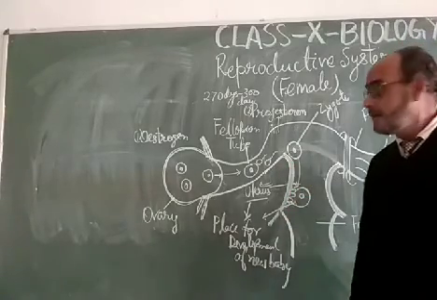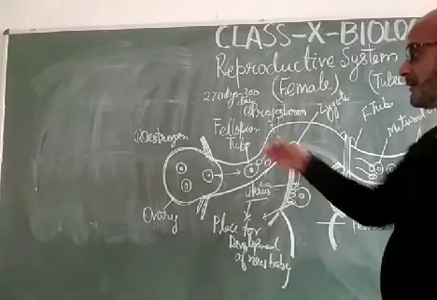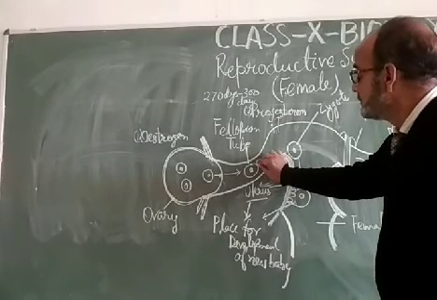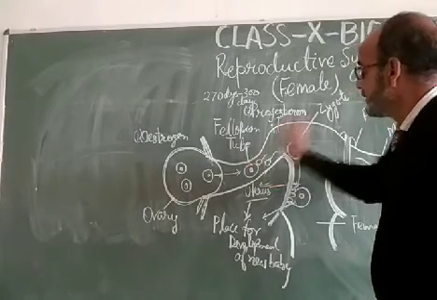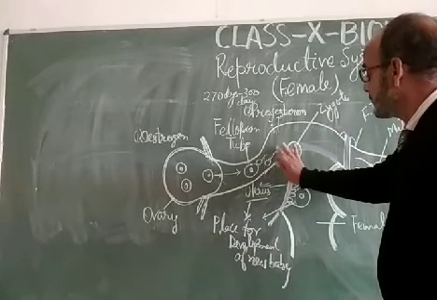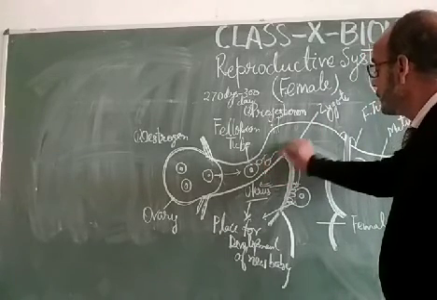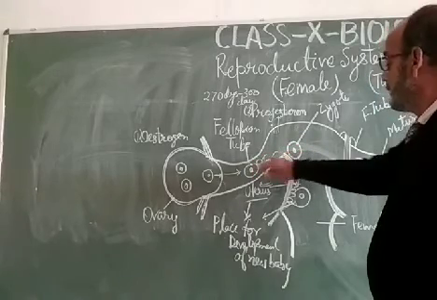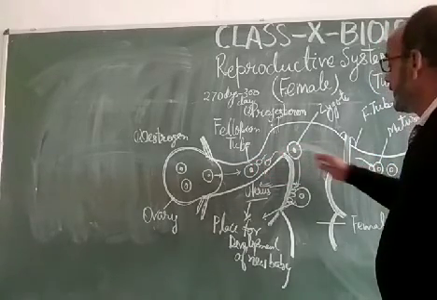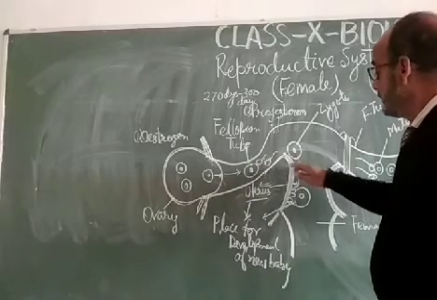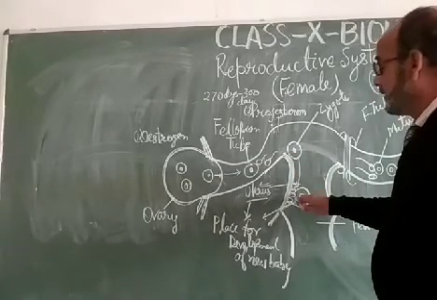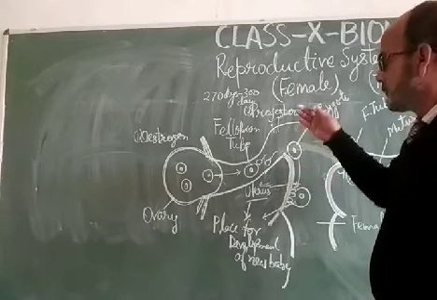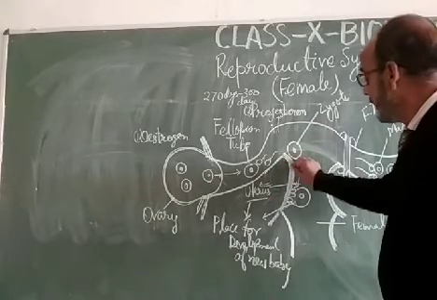And my dear student, one more thing that I would like to add here: if the fertilization does not take place, then all the ova die, and they are thrown out from the body at the end of the periodic cycle, that is between 22 and 28 days, along with the endometrium.